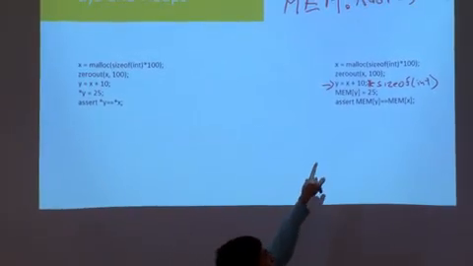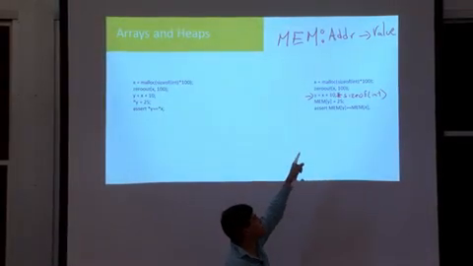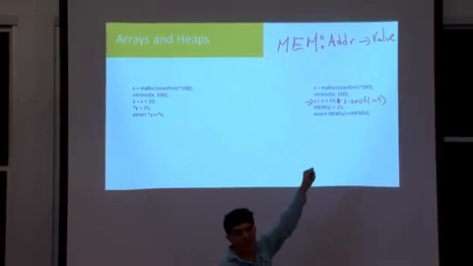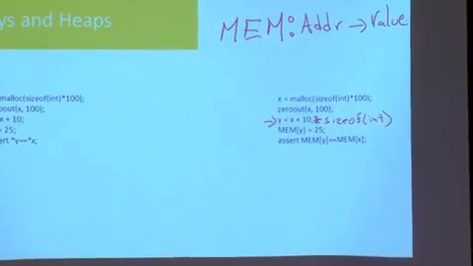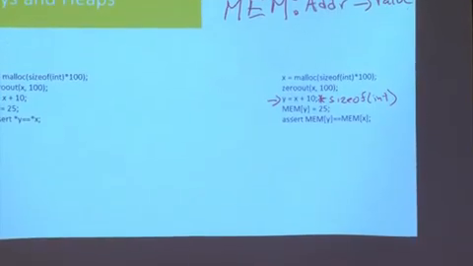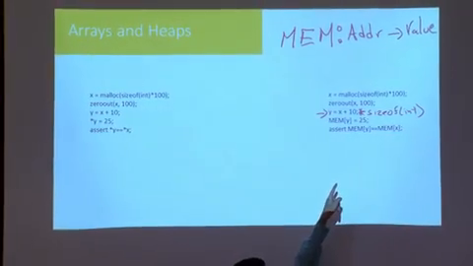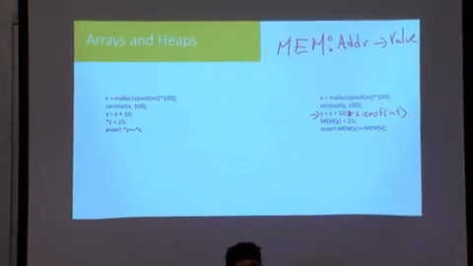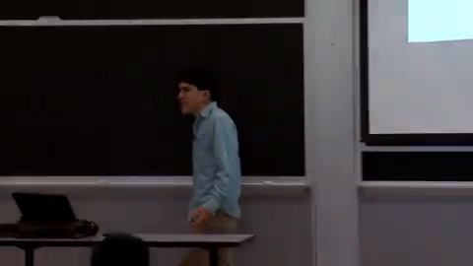What used to be just a pointer dereference from y to write 25 is now just: I'm taking my memory array, indexing it with y, and writing 25 to that memory location. And this assertion now becomes: I am reading from location y in memory, and I am reading from location x in memory, and I am comparing them and checking whether they are the same or not.